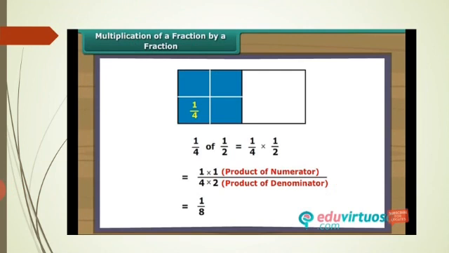You need to multiply: 1 by 4 of 1 by 2. 1 by 2 means half. So you can multiply, since "of" represents multiplication. So the product of numerators divided by the product of denominators. So you need to multiply numerators and denominators. 1 into 1, 1. Then 4 2s are 8. So totally the answer is 1 by 8.